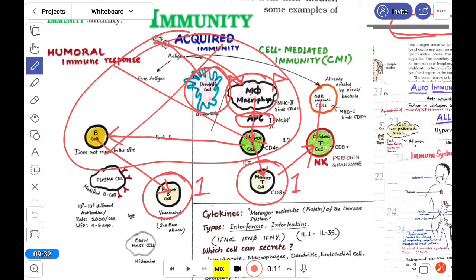It goes directly and kills, so the viral or bacterial infection will be reduced very much, because the response goes earlier. All right.